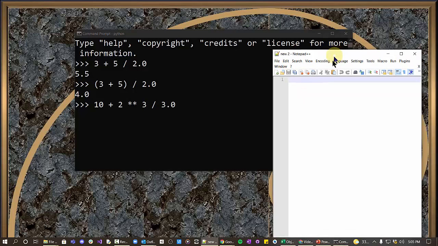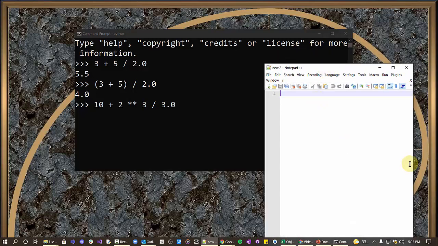So if we have 10 plus 2 to the third power divided by 3.0, the way you would calculate that is, first we do the exponentiation, which 2 raised to the third power is 2 times 2 is 4, times 2 is 8, so that would happen first.